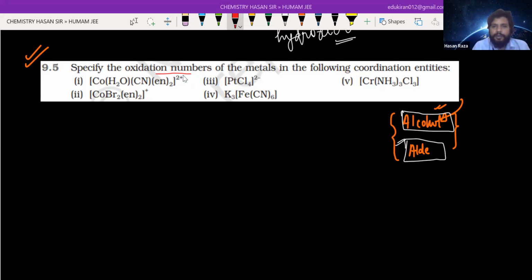One is 3, two is also 3. Okay, two is also 3. Second is 3, that's good. Third is 2. Fourth is 3. And the fifth one is 3. Very good, both of you.